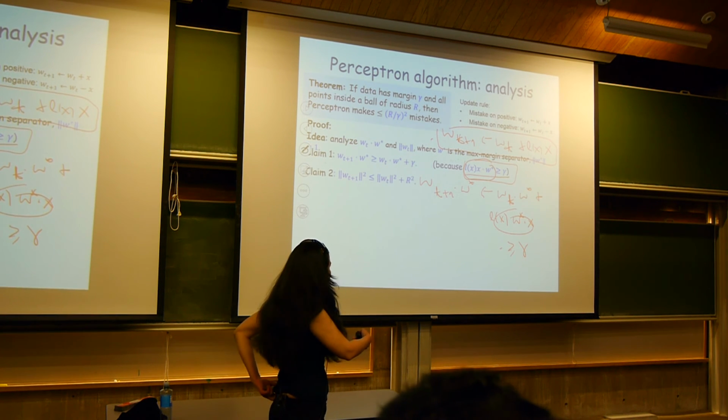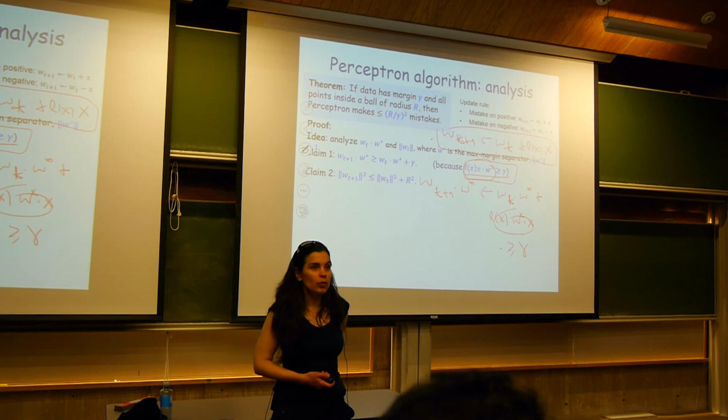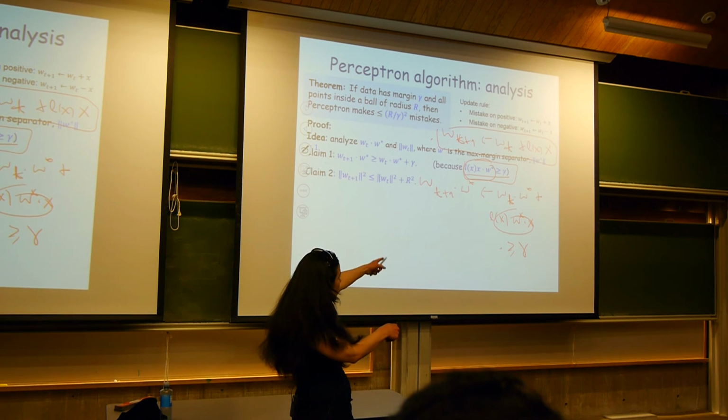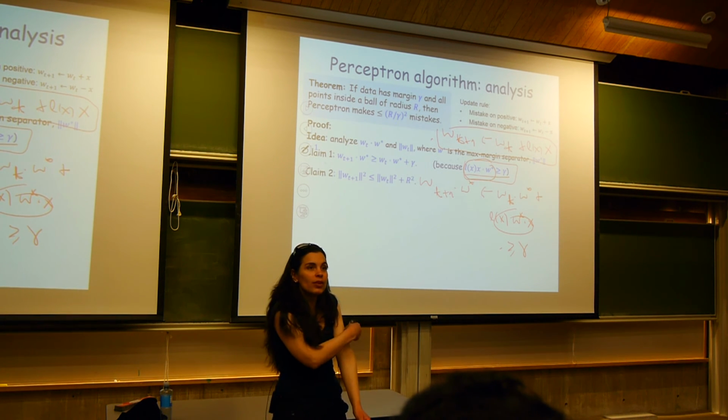So what do we do? When we make a mistake, we update. How do we update? As I mentioned, we either add or subtract an example. This is the update rule.